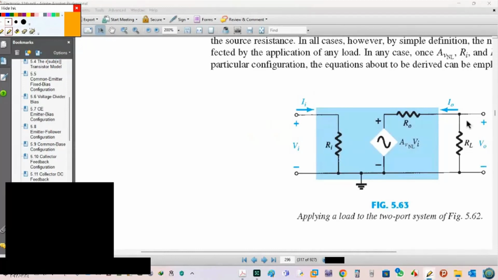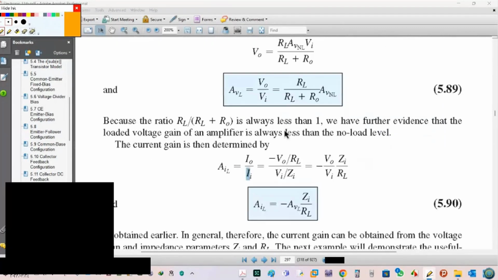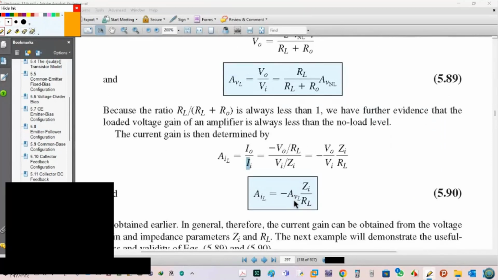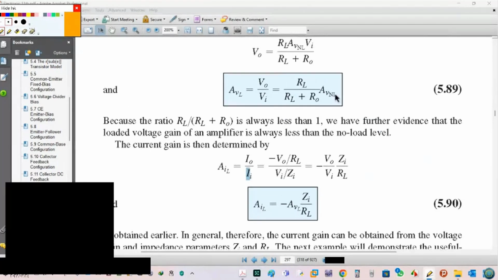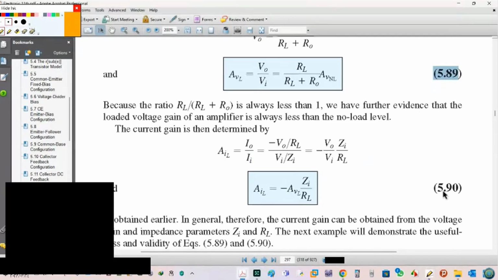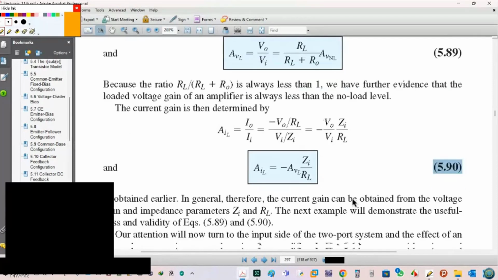So it's opposite, so we have minus VO over RL. Take RL with RL, so the result is minus AV load ZI over RL. In the exam, you are responsible just for the formulas inside this box, for example 5.89, 5.80.